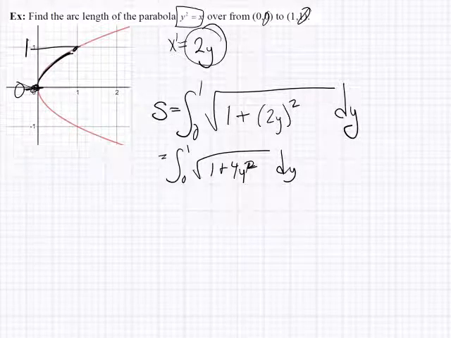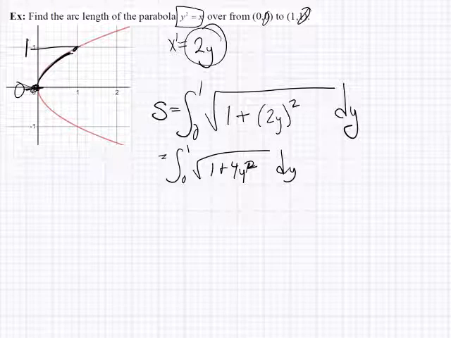Now here's the problem. The problem is that this integral is not something that we can work with right now. We will be able to do this integral in the next unit using what we call trigonometric substitution. But right now we don't have it. All we really have, our big integration technique right now, is to use substitution and turn it into one of our basic integrals that we should know.